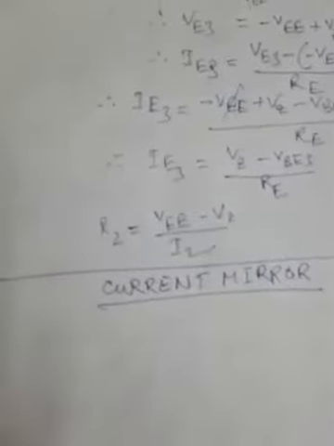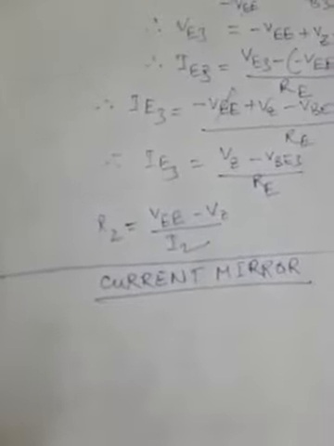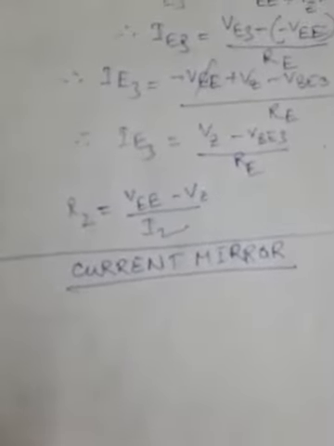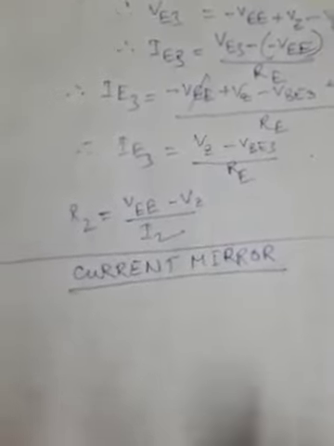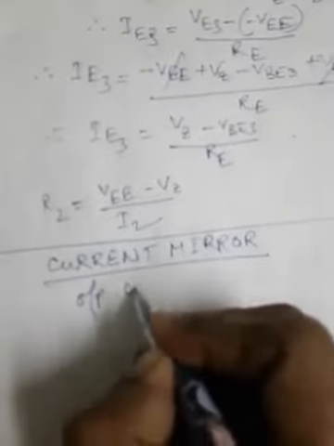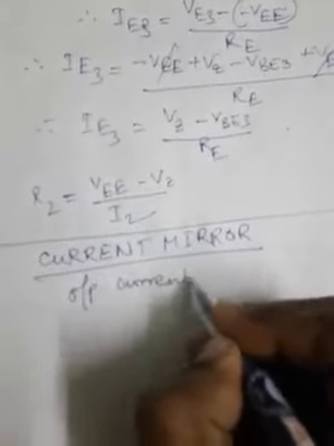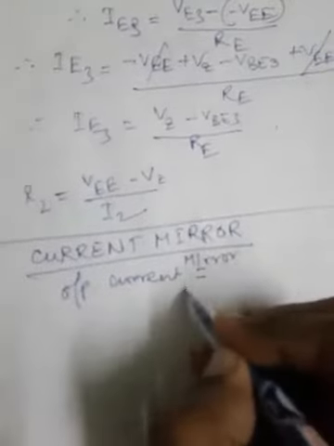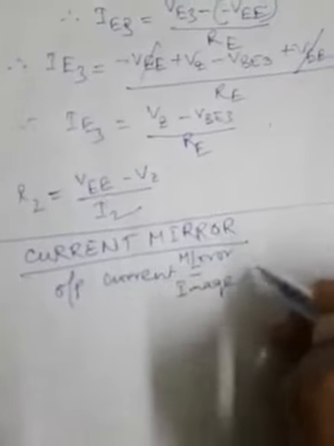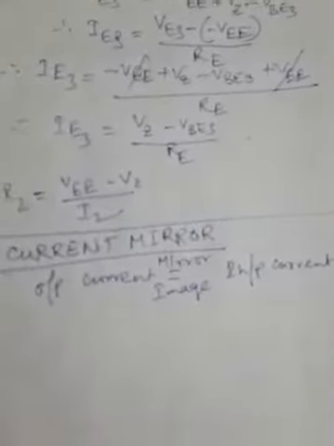That means the output current and input current are forcefully made equal. So in a current mirror circuit, the output current is a mirror image of the input current, and thereby equal to the input current. So this is the speciality of using a current mirror circuit.